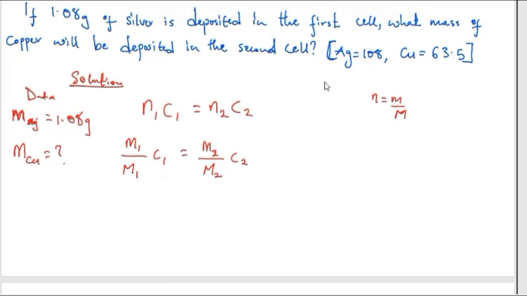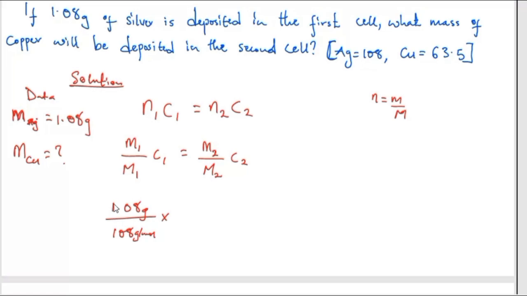And let's solve now. What is my M1? My M1 is my M silver. So you can still say M silver. It is looking more pleasant in the equation like this, so I just decided to stick with it. So my silver is 1.08 gram divided by what is the molar mass of silver? 108 gram per mole. Times the charge. What is the charge of silver?